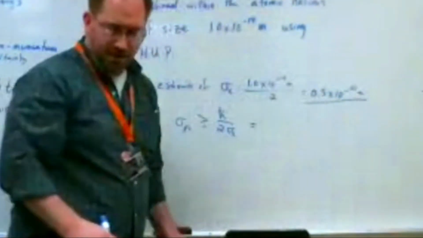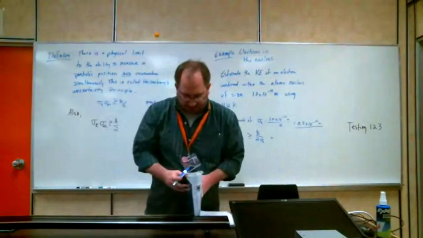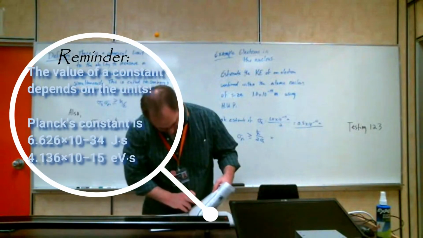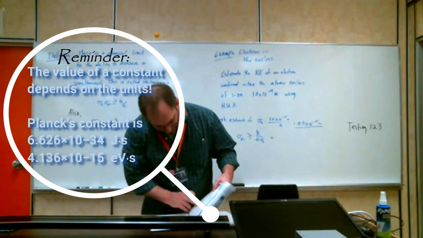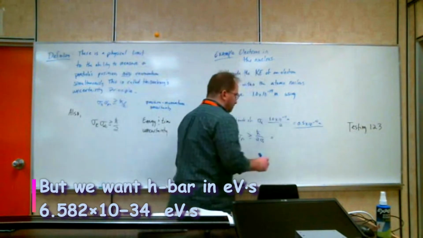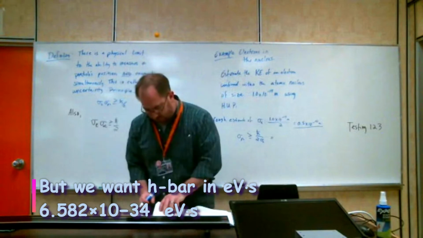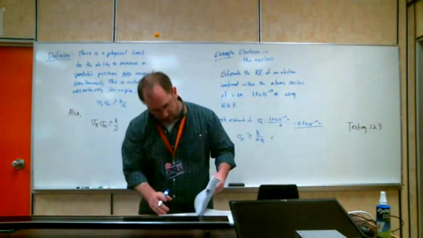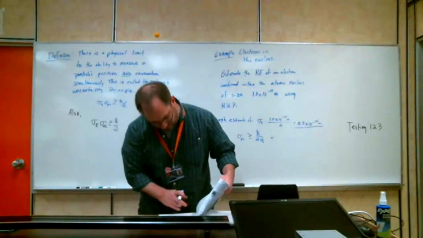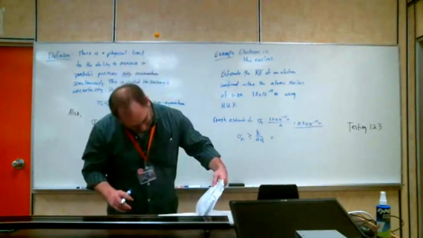H bar, what was that number? 6.626. 1.055. Let's see, joules. I want this one in eV: 6.582 times 10 to the minus 16.